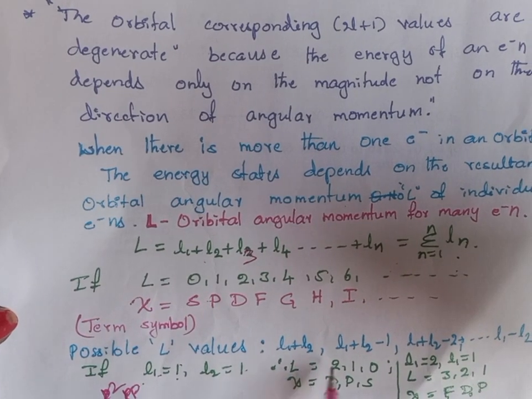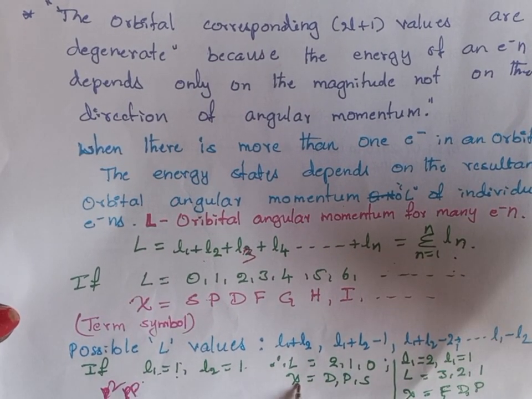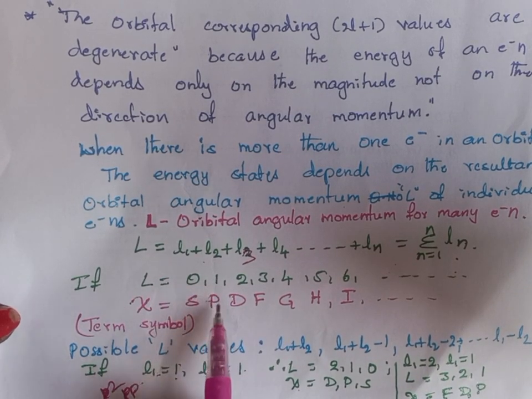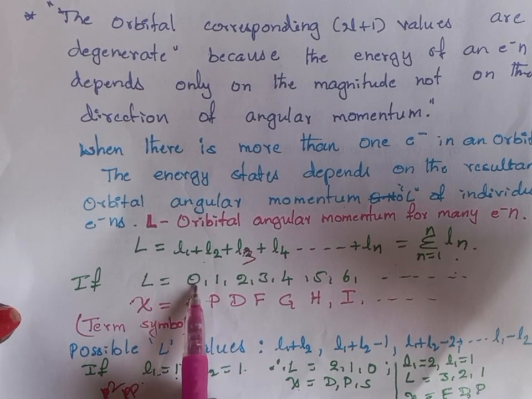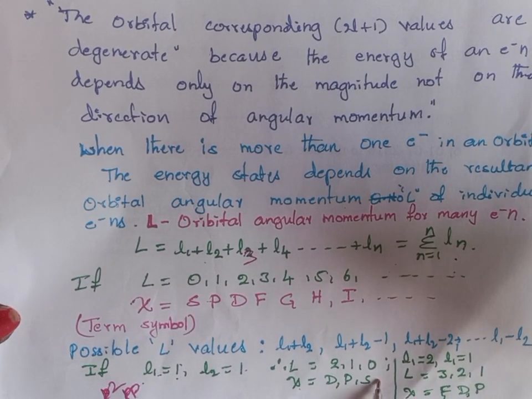So the possible L values are 2, 1, 0. Therefore the term symbols will be D for 2, P for 1, and S for 0.